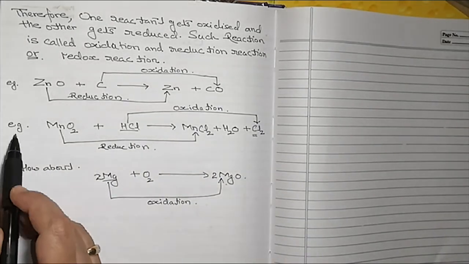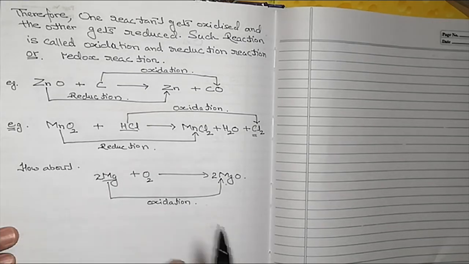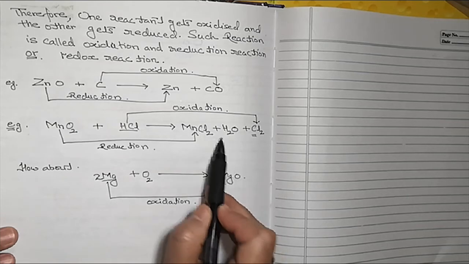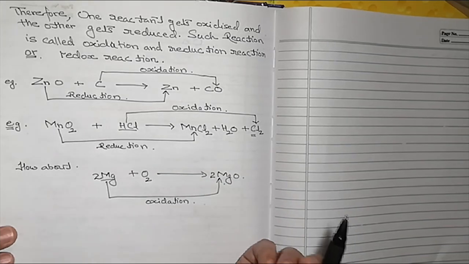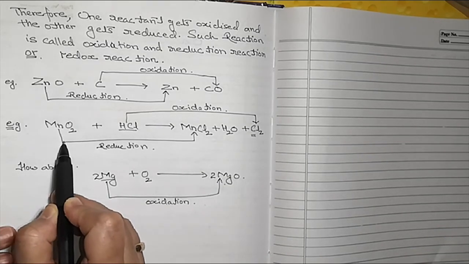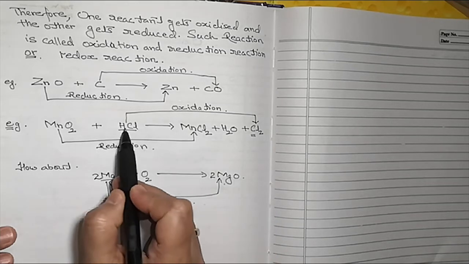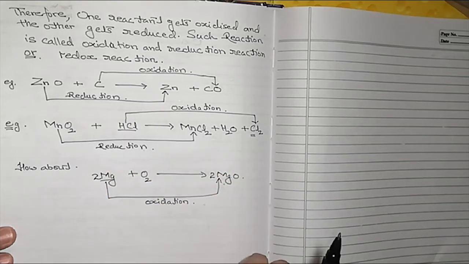Okay, now let's take up the second example. Manganese oxide plus HCl gives manganese chloride, MnCl2, plus water, H2O, plus Cl2, which is chlorine gas. Now here what is happening? Manganese oxide is losing oxygen, so loss of oxygen is reduction, and HCl is losing hydrogen.